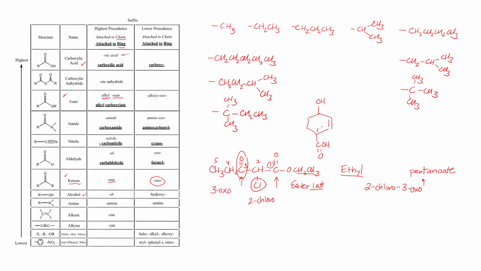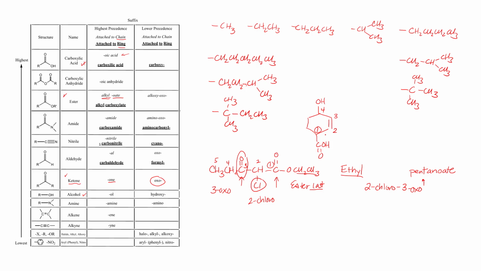So we automatically have to start numbering at the carbon with the carboxylic acid because it's number 1 on this chart over here. And so we're going to go counterclockwise because we need to have the double bond in the numbering scheme and give it the lowest possible number.